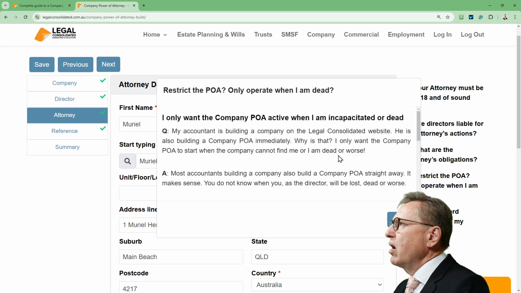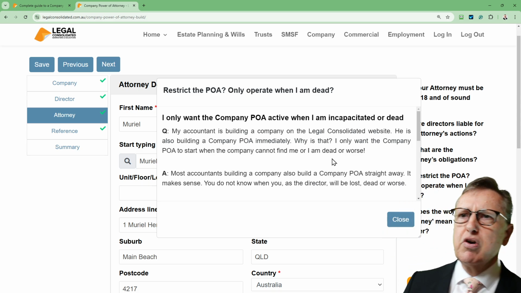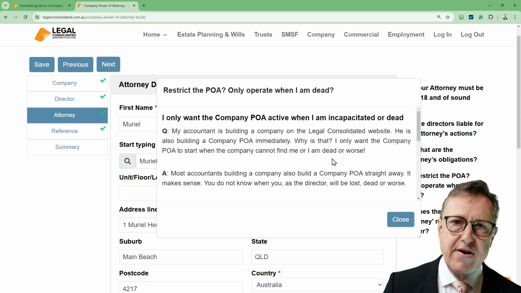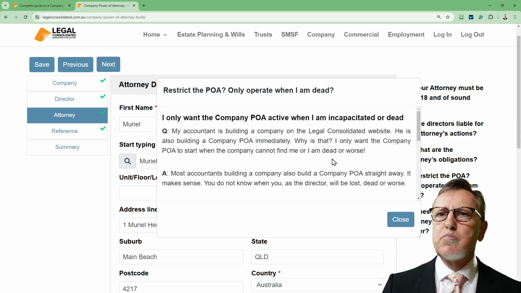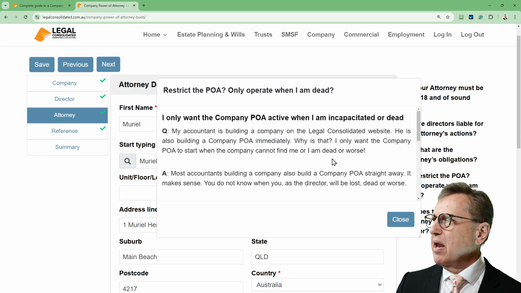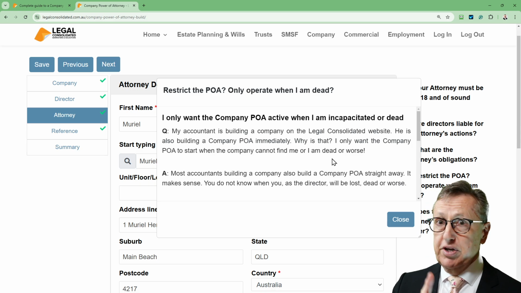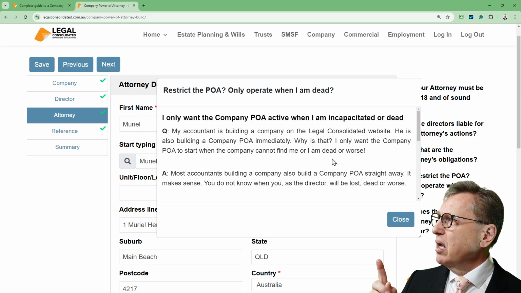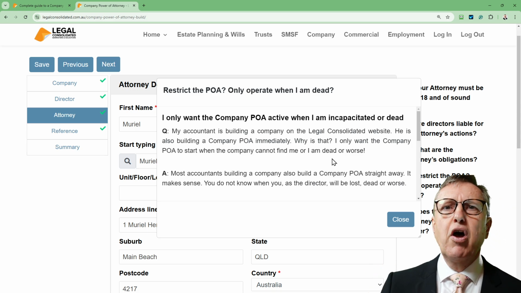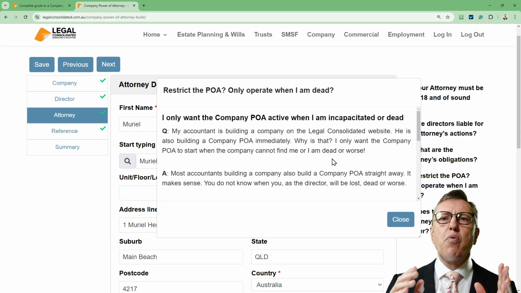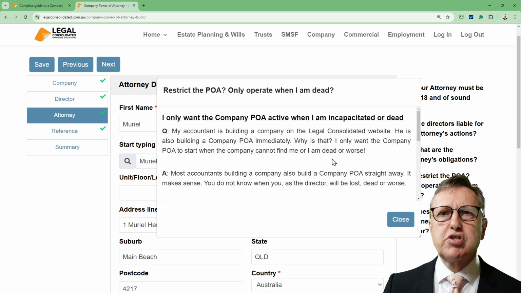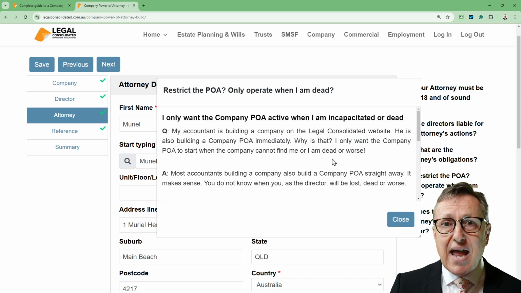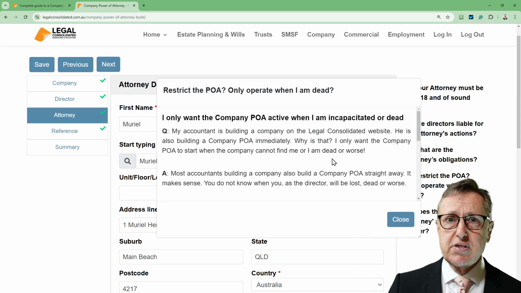Now, I want to restrict the power of attorney so it operates when I am dead or when I'm skiing in Japan. Good exchange rate with Japan at the moment. I want it to come into effect only if something happens. That's not possible. The power of attorney starts as soon as the company instructs the directors to sign it.